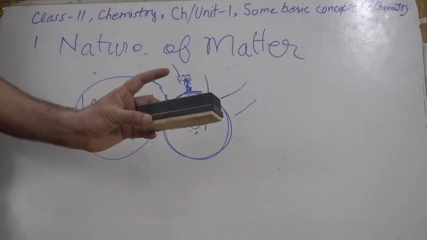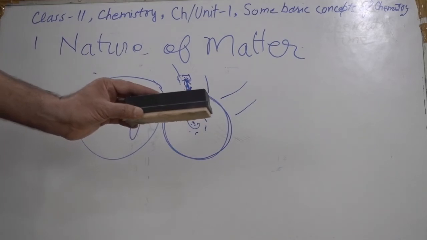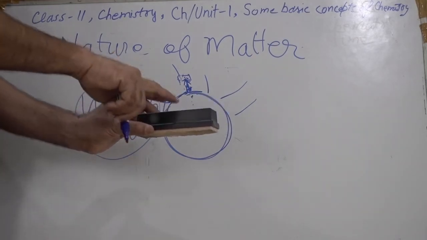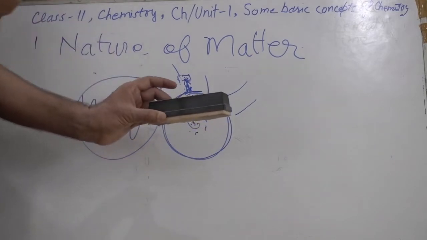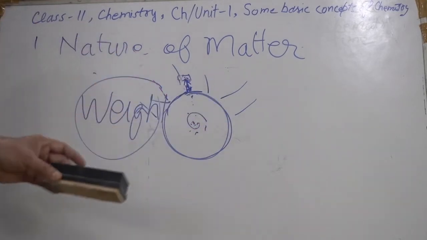Therefore, if we want to know the force experienced by this duster due to the earth, we must know the mass of this duster, the mass of the earth, and the distance of separation.